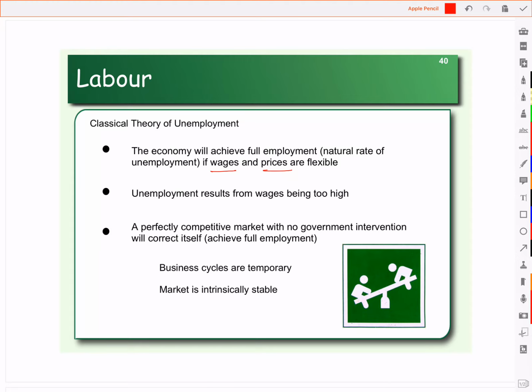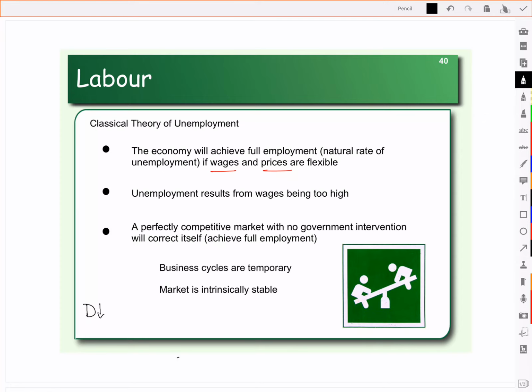So let's look at how the economy can fix itself. How does it get into a situation and how does it bounce back? And you can see in the other video in this level that it's kind of like a punching bag or a seesaw where the economy bounces back. So let's walk through that a bit. So the classical economists are looking at the cause of high unemployment, of cyclical unemployment, is caused by a decrease in demand.